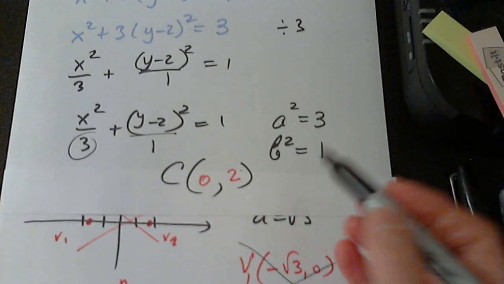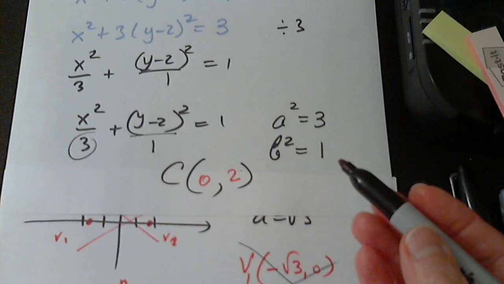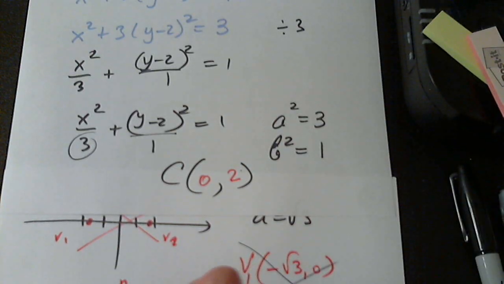Okay, now B, the square root of 1 is 1, so I have 1 unit here, 1 unit here. So this is the B, and this is the B. So I have the graph. They're also asking us to determine the foci. So one more time. I have the vertex on the left, I have the vertex on the right.